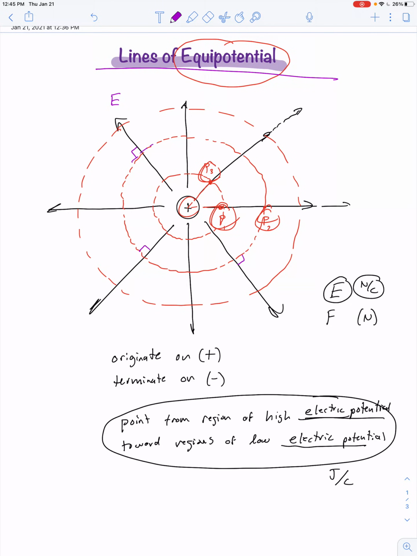The idea of a line of equipotential is that you could take a charge Q and you could move it anywhere along this line of equipotential and no work would be done because there's no change in the energy per unit charge.